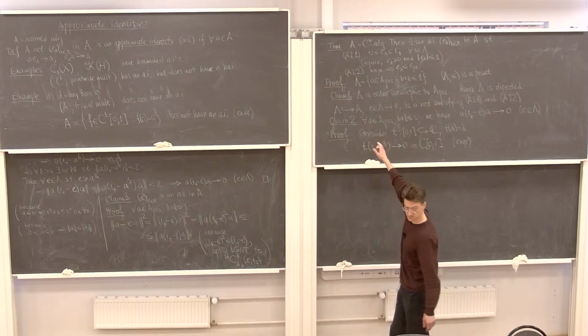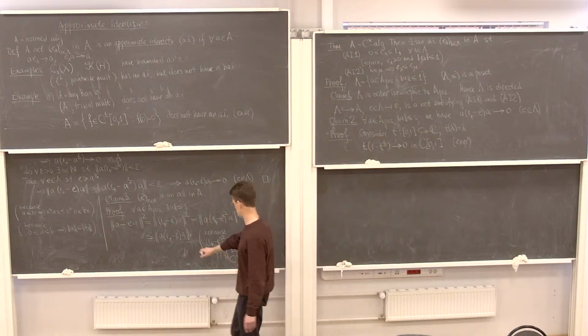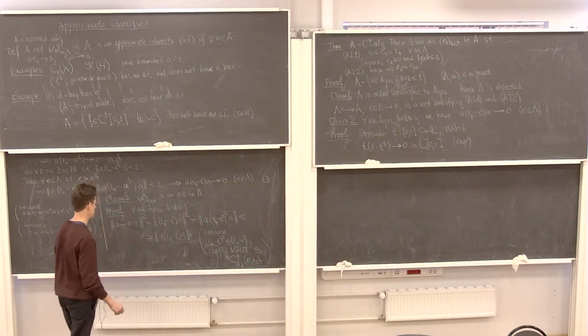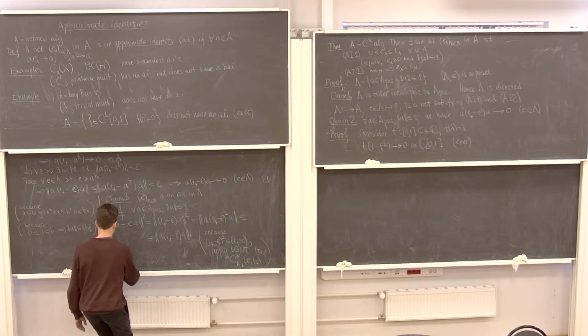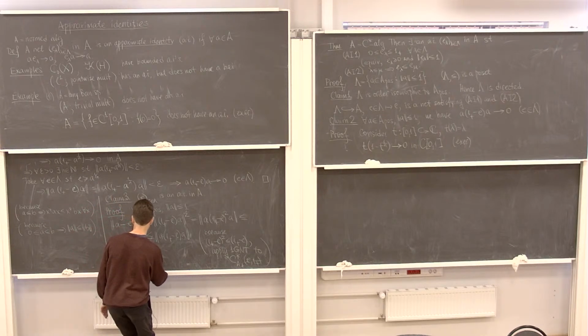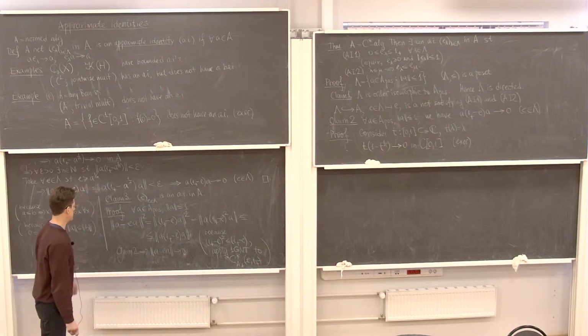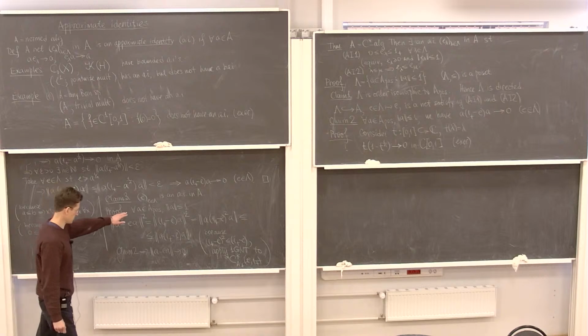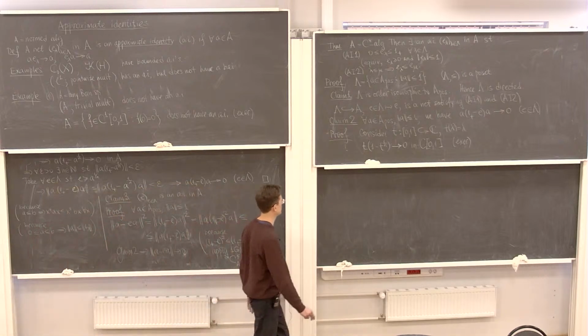Okay, but by claim 2, we already know that this converges to 0. And so this one also converges to 0. So far, A was a positive element in the unit ball.